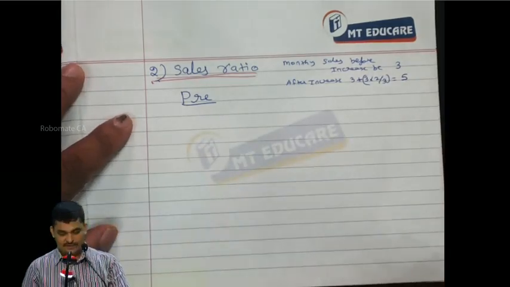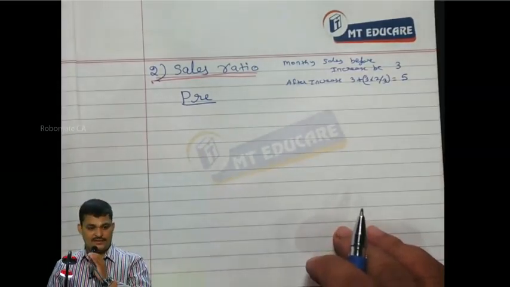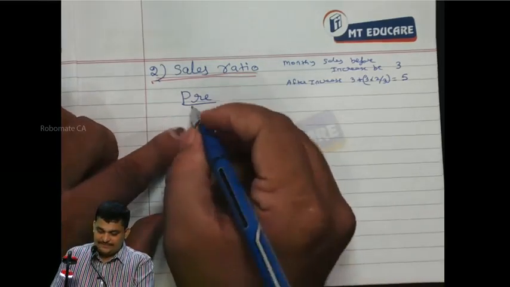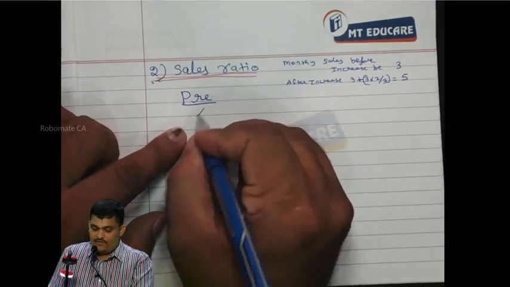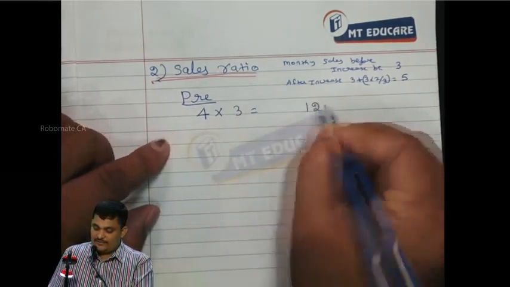Is that clear? So in the pre-incorporation period, it is 4 into 3, it is 12.